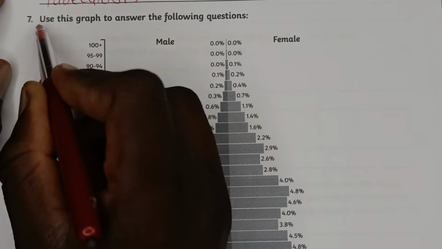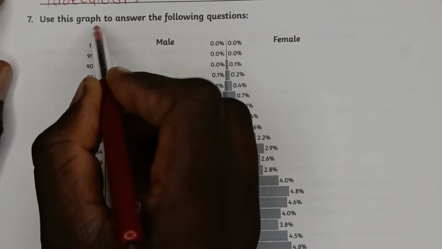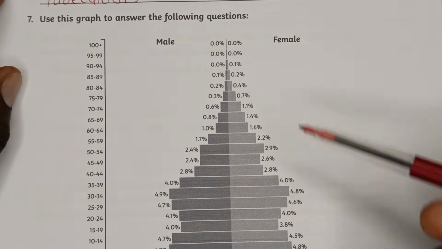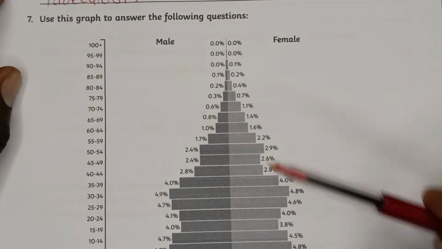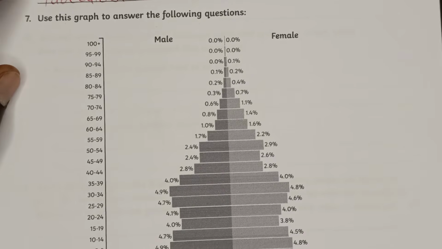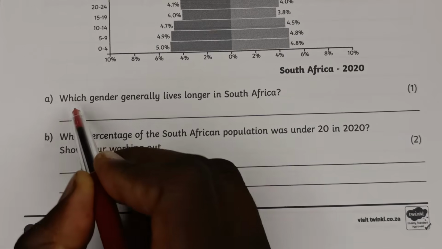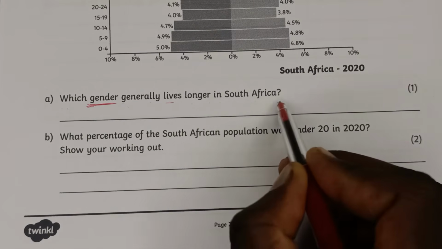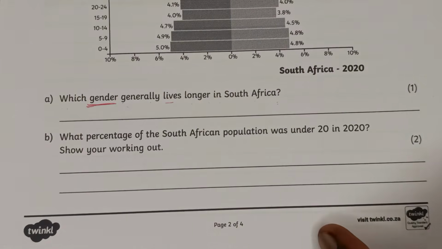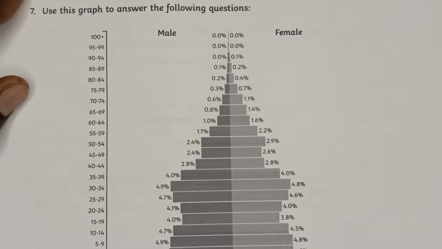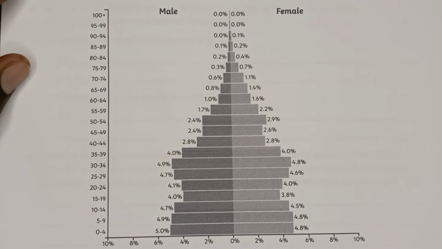Question 7 says, use this graph to answer the following questions. So we use this graph to answer the questions that follow. Question 1 says, which gender generally lives longer in South Africa? Then we go back to the graph and we look.